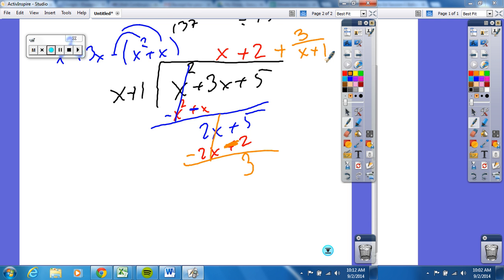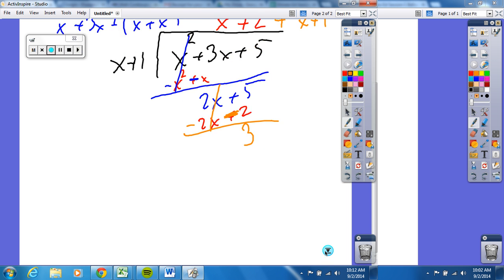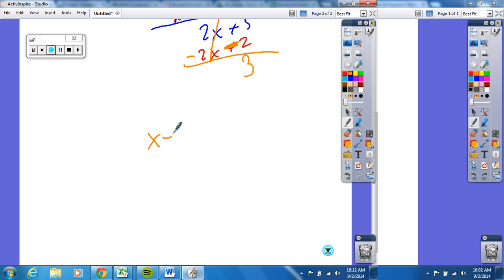Okay. Now, how can I check my work? Let me show you. Notice I have x plus 1. X plus 1 times x becomes x squared plus x. Does everybody understand that?